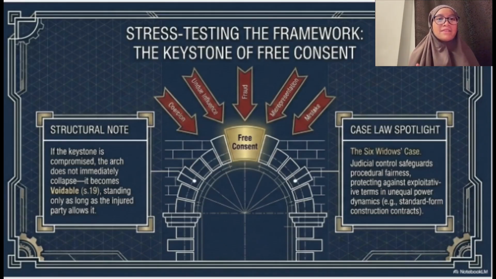Therefore, the law intervenes to ensure fairness and to protect genuine consent in contractual relationships. Overall, this slide emphasizes that free consent is essential because contracts should reflect voluntary and informed agreements between parties, not pressure, manipulation, or even deception.